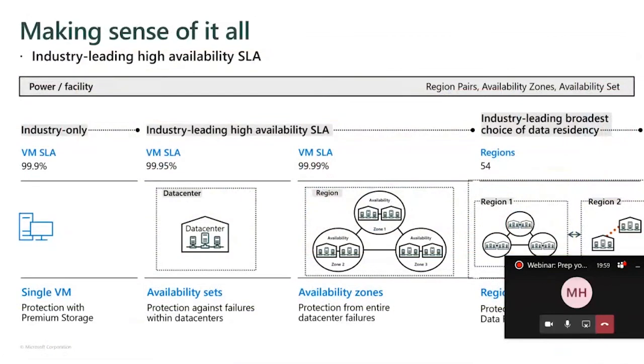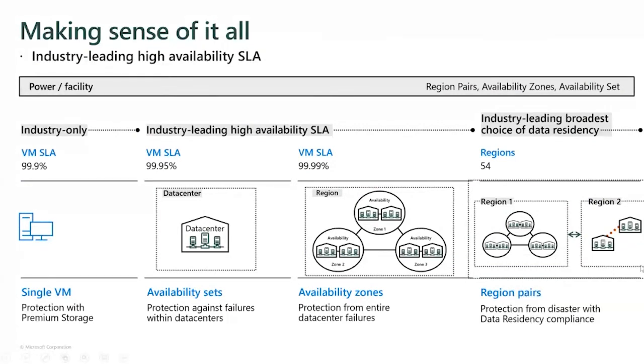And another tip for the test is this really good picture. I think this is not in the normal official training materials, or in the Learn service. This picture shows you the differences in SLAs, service level agreements, and what's the difference if we are using a single virtual machine, or if we are using availability sets, availability zones or region pairs.